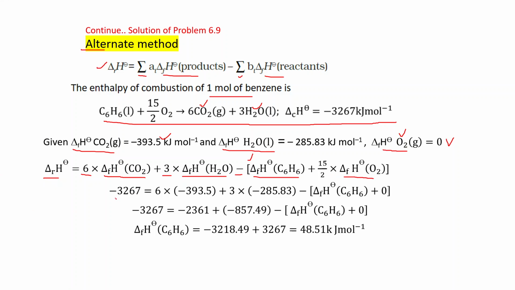This is minus 3267, 6 into minus 393.5 plus 3 into minus 285.83. This is minus, right? This as such, because this we have to find out, and for oxygen this is 0. If we solve it, again we will get the standard enthalpy of formation of benzene, 48.51 kilojoule per mole. Okay, this is the other method by which we can also find the standard enthalpy of formation using this formula.